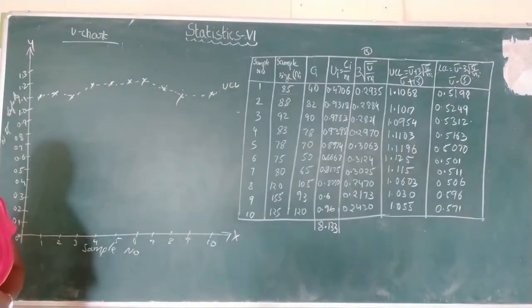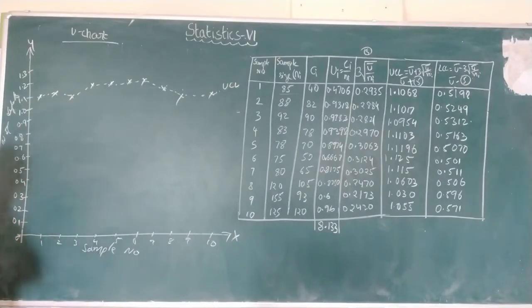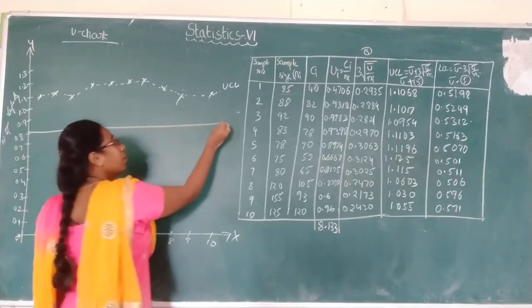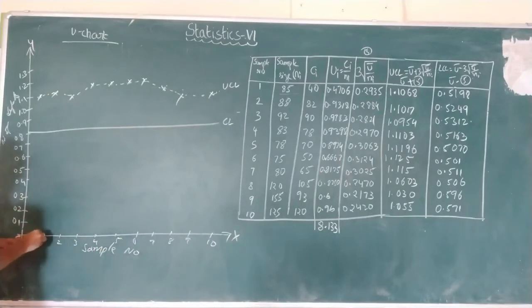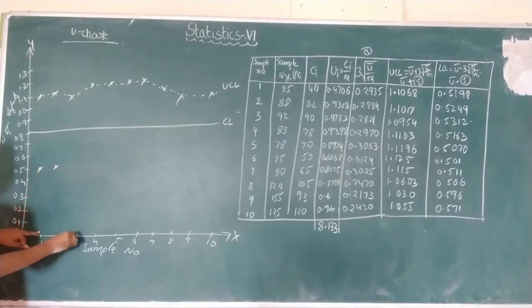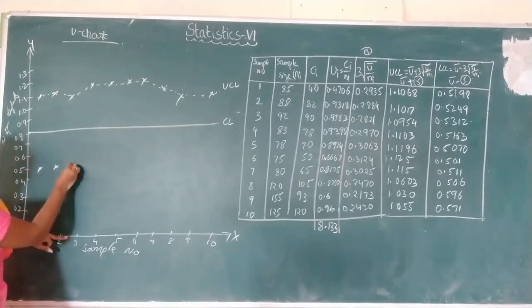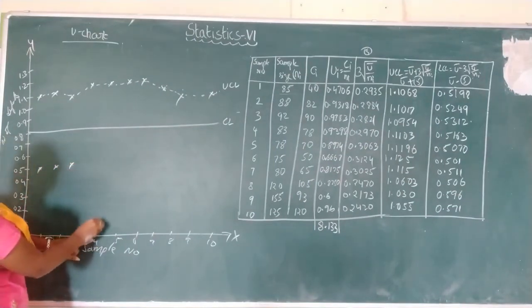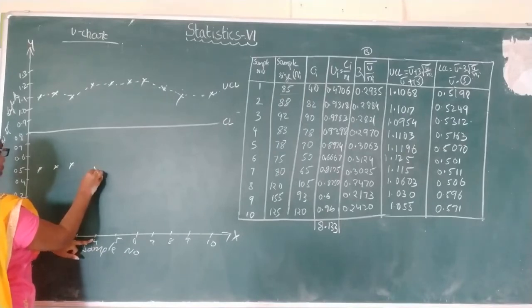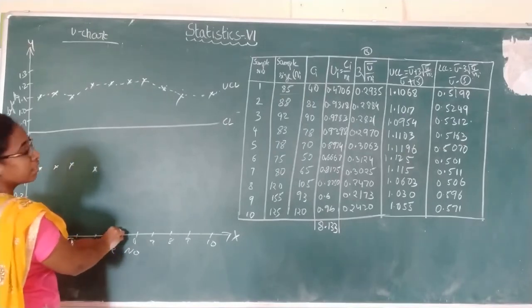Next CL is U bar. What is the U bar value? 0.81. So here you will be getting the CL value. Next plot the LCL values. 0.51. Next is 0.52. Next is 0.53. Next 0.51. Next 0.50.